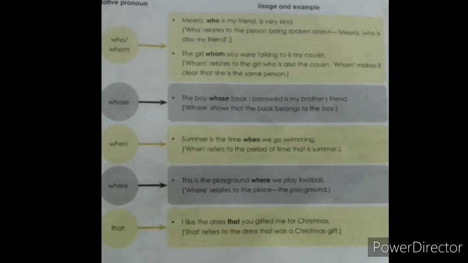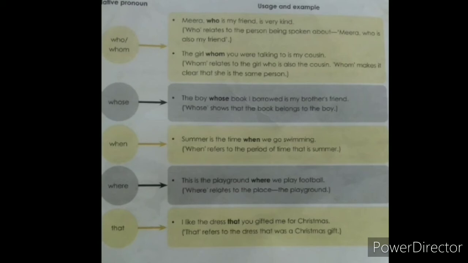One more thing, whenever you use the relative pronoun, who followed by a verb is a clue. At the same time, whom is followed by a noun or pronoun. So you can easily identify whether this word is a subject-related pronoun or an object-related pronoun.